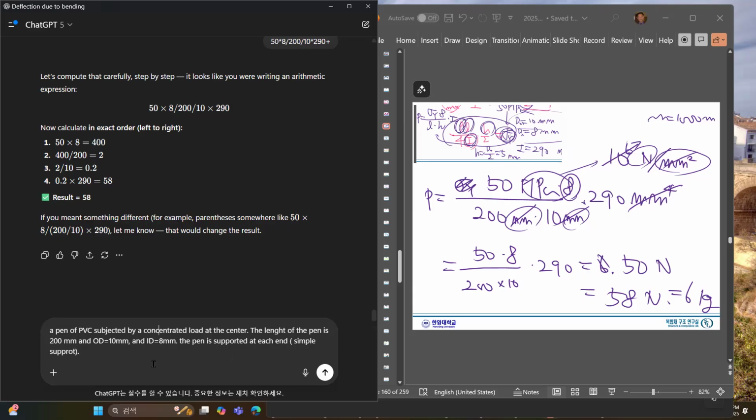PVC and pen and OD and ID and length, everything is given. Now, what would be the maximum load the pen can carry, without any material failure?